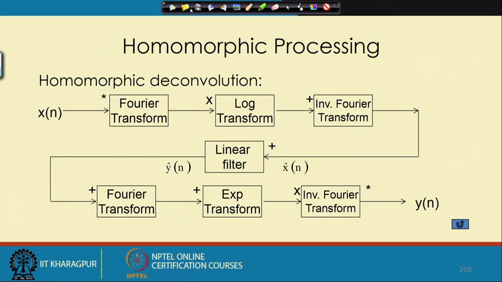First, we take the Fourier transform of x[n], that is our time domain signal, and before the transform the operation was convolution. The operator is given there on the left hand side. After the Fourier transform, the convolution changes to multiplication.